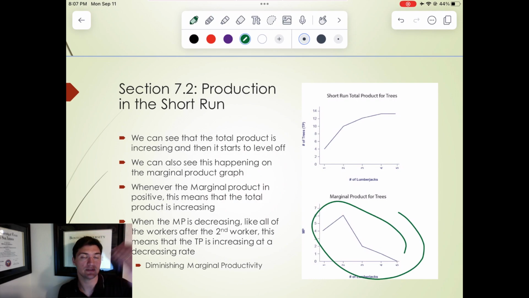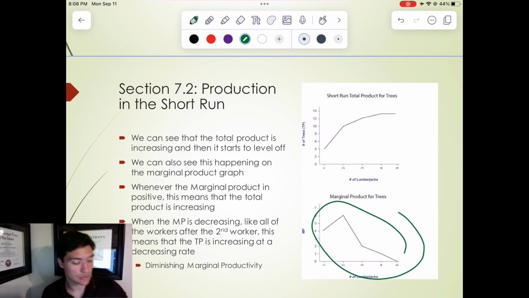Because the marginal product is going down. And it's positive, so total product is going up because it's positive. However, it is going down, so therefore the total product is increasing at a decreasing rate. And that's where we see the leveling off of the total product, right? It's going up and then leveling off.